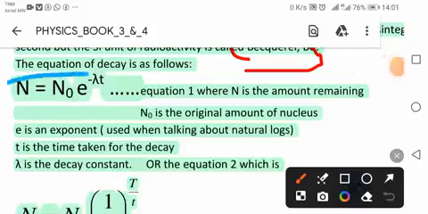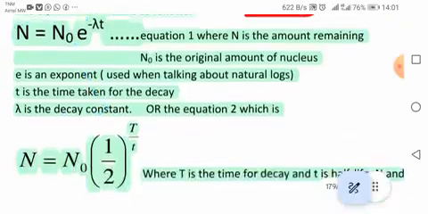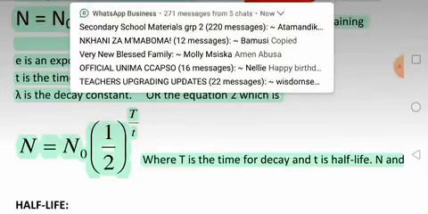Generally this formula may be expressed in this form, where t is the time taken for decay, and capital T is the half-life. N0 is the number of the original amount.